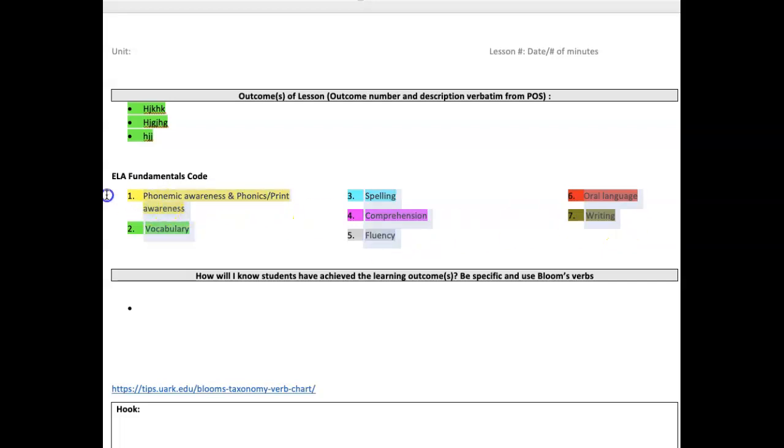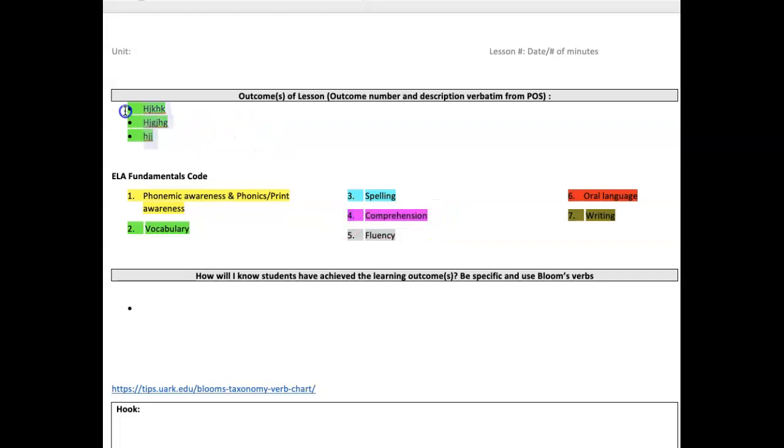That's unrealistic. But you should be looking at least 2 to possibly 3 of the fundamentals that you will incorporate in this lesson. So I wanted you to color coordinate it so that it's an easy visual look. So when you look, you can be like, oh, I'm only doing vocab. I really probably need to bring in some comprehension.